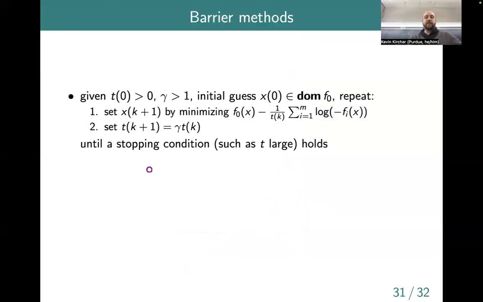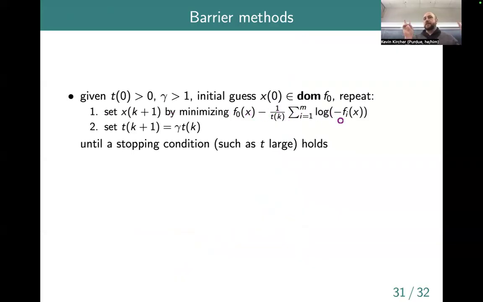Okay, so then our barrier method basically just says we're going to do an iterative method: start with some initial guess, and then we update by minimizing an unconstrained problem. We already learned a couple of methods for that: gradient descent, Newton's method. This problem is an approximation of our true problem.